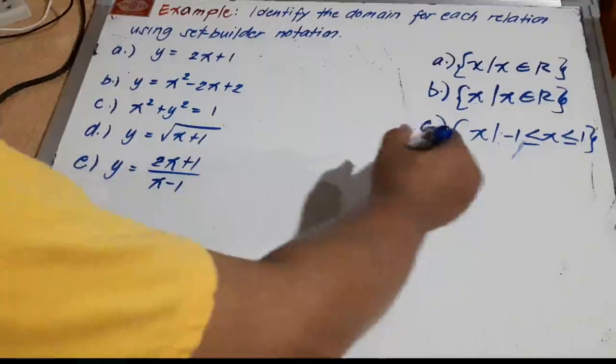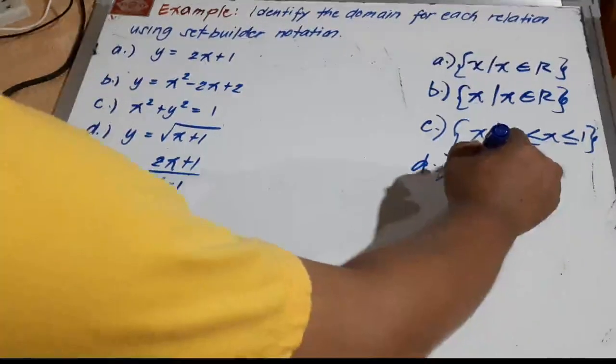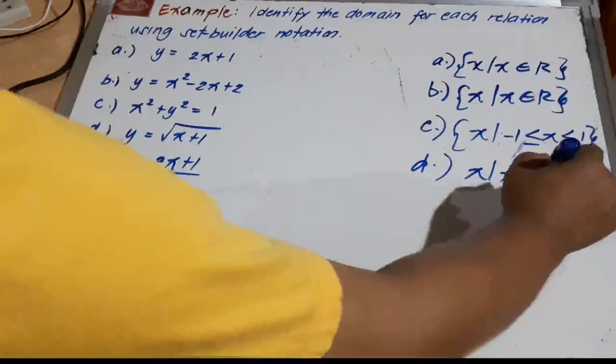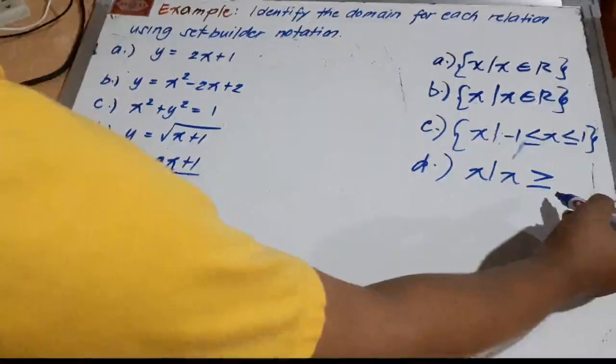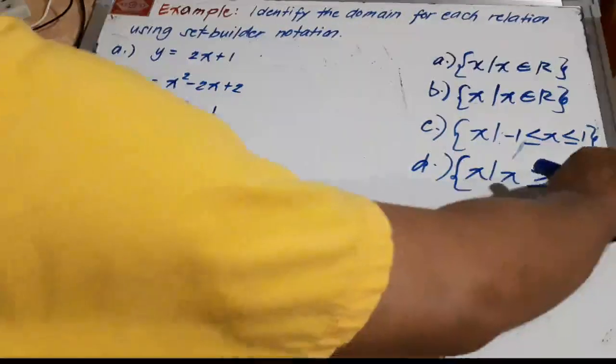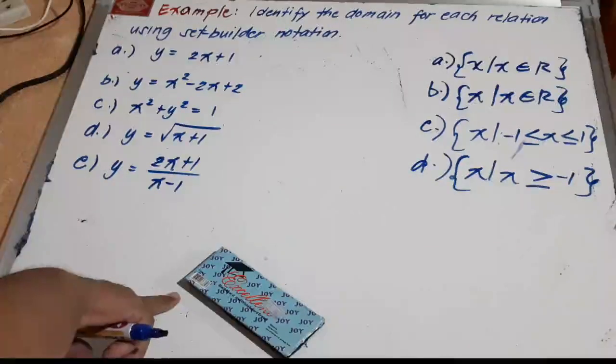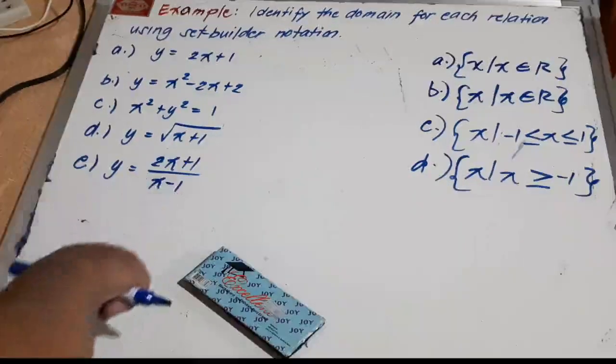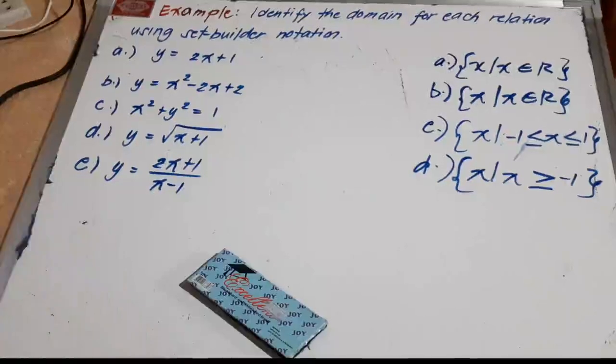So, therefore, ang domain nito, letter D, is x such that x is greater than or equal to negative 1. Hindi siya pwedeng bumaba pa sa negative 1. Kasi kapag nangyari yon, magiging negative yung ating radicand, no? Yung nasa loob ng ating radical symbol.